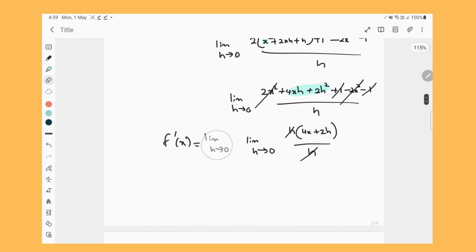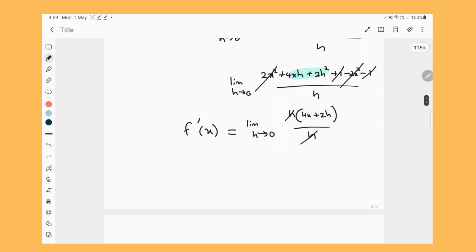So now f dash x is equal to 4x plus 2h. Now when h goes to 0, what happens? This entire thing, 2 times 0, right? So 4 times x plus 2 times 0. So this becomes 0 actually. So it becomes 4x. When the limit of h goes to 0, f dash x is equal to 4x.